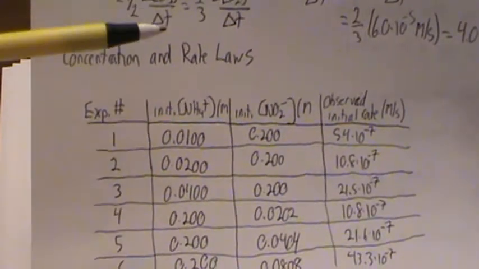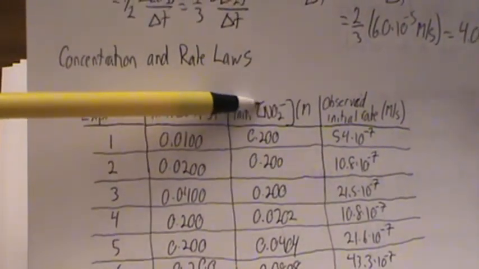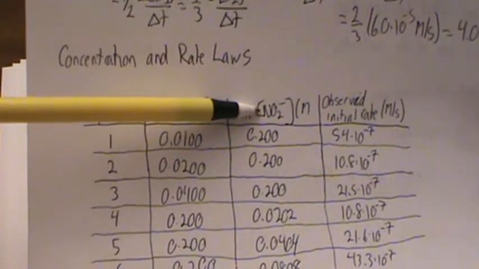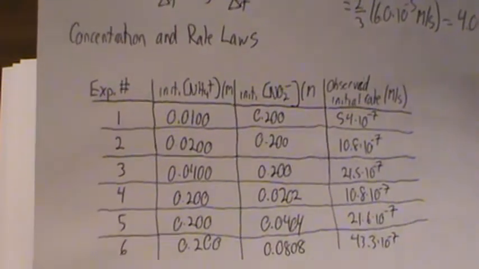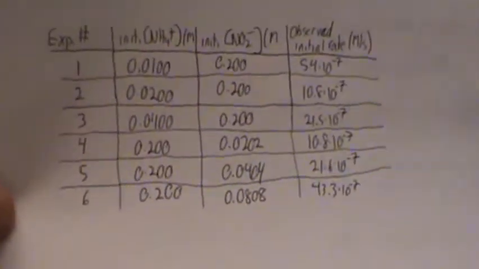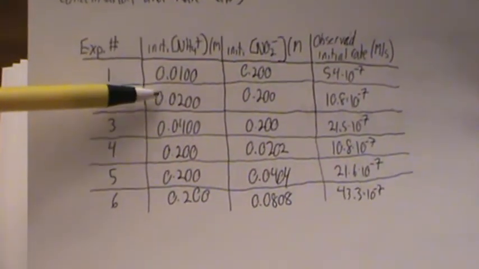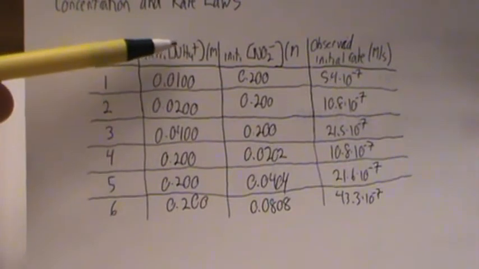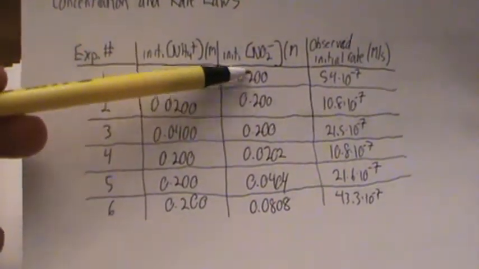Our two reactants are ammonium and nitrite. And we also have the observed initial rates, so we have the initial concentrations. The way that we figure out what order each one is in, we're going to take two experiments in which the concentration changes for the reactant we're looking at, but stays the same for the other one.